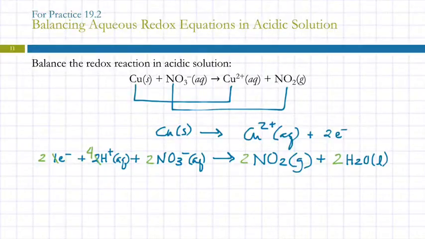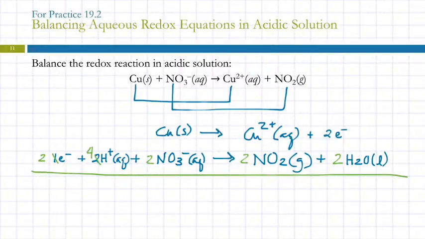Add them together. So the 2 electrons go away. And I copy down what's left. So copper, solid, plus 2 nitrates, aqueous, and can't forget the 4 hydrogen ions.